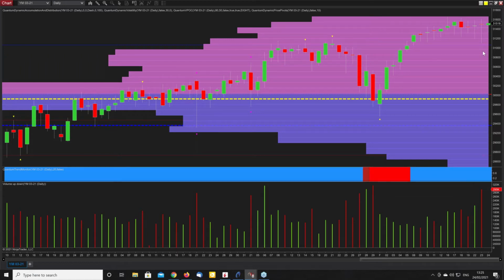Now we've actually got buying coming in here. The market's crashed, we've bought, crashed, we've bought. So the market is being supported at this level. Depending on what happens with the NQ and the ES will then dictate what goes on in terms of the YM. Now, obviously, the YM is a very different animal to both of those in terms of the constituent elements, but nevertheless, that's what we're seeing at the moment.